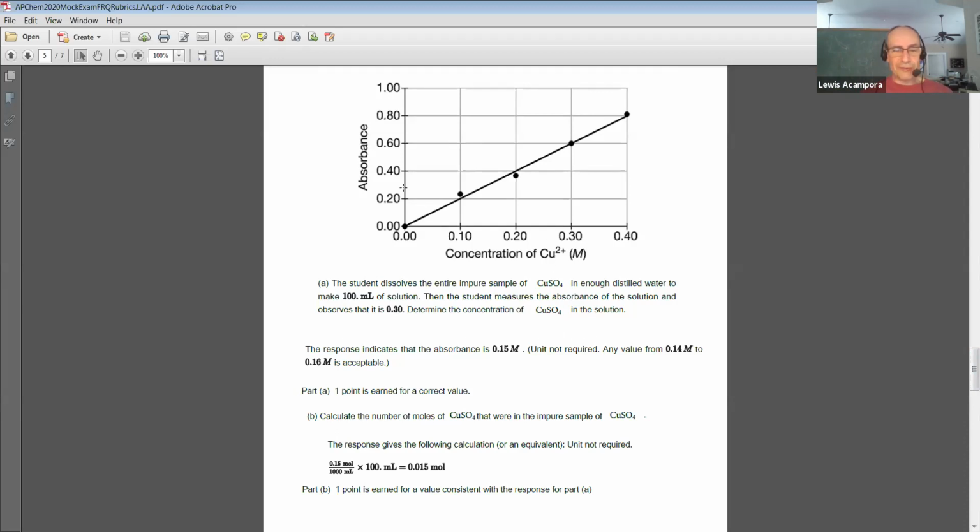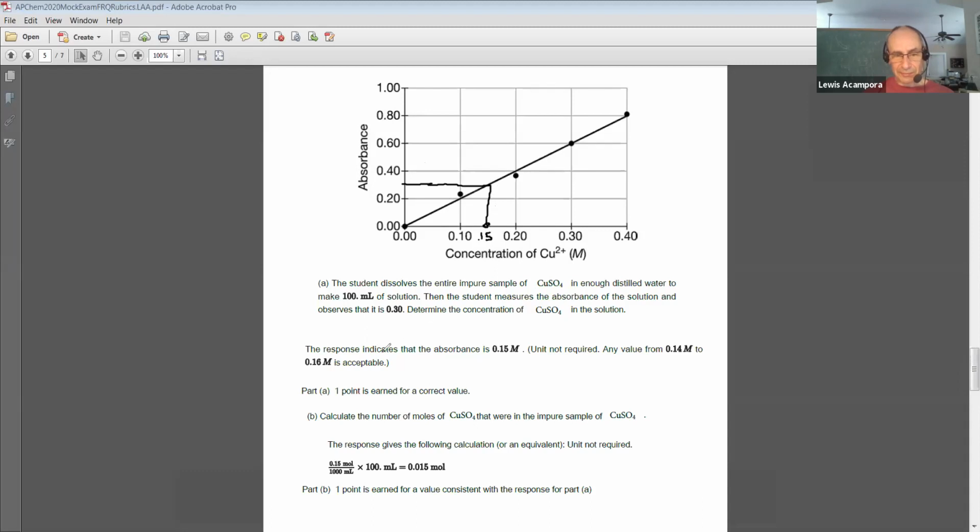So that's really just a question of reading off the graph, and even though there's no mark right here at 0.30, it's exactly halfway, and this line hits all the points between the axes, so this is going to be halfway between there, so that should be 0.15.